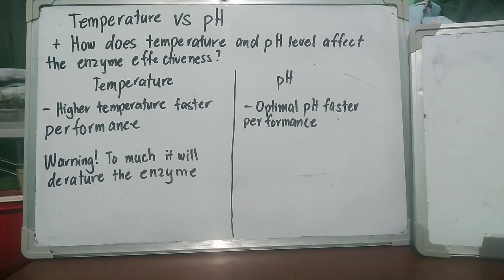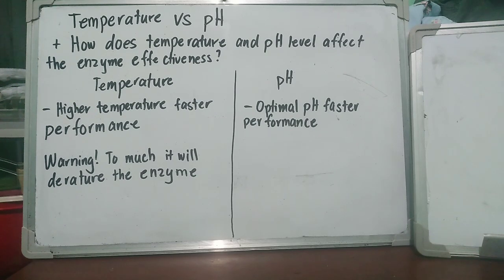And as you probably learned in the previous chapter, temperature actually denatures the enzymes, or the proteins, kasi heat will disrupt the bonds in between those interactions, yung mga IMF natin, intermolecular forces natin. Heat will disrupt the intermolecular forces present in our enzyme. Kaya too much of raising up the temperature will lead to denaturation of enzymes or proteins natin.